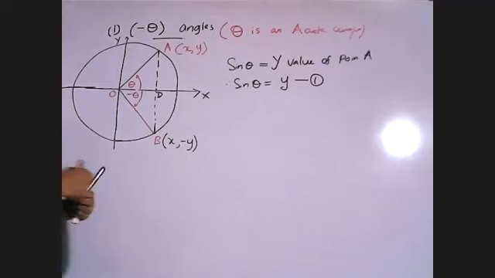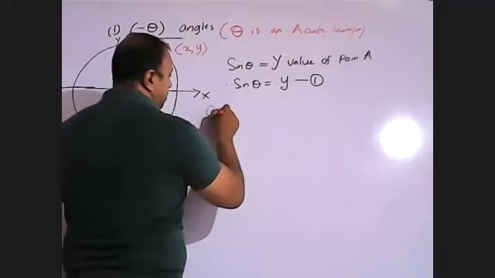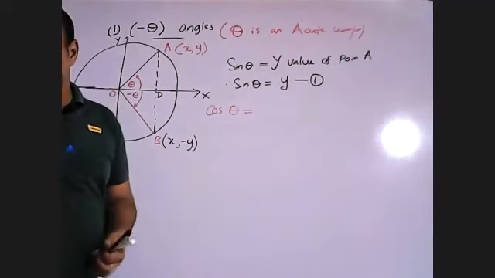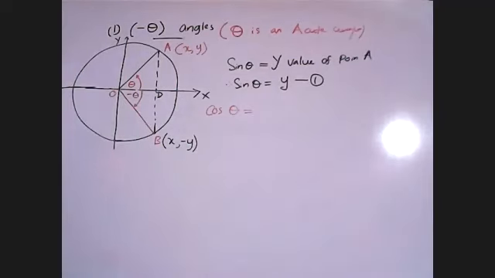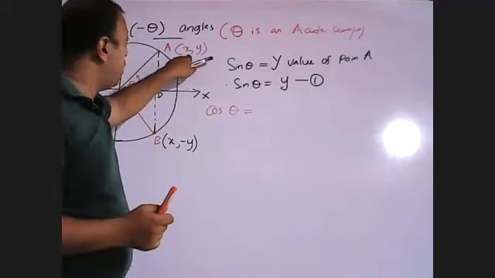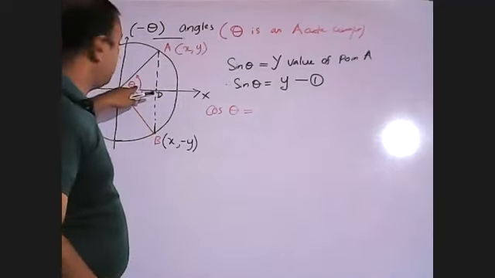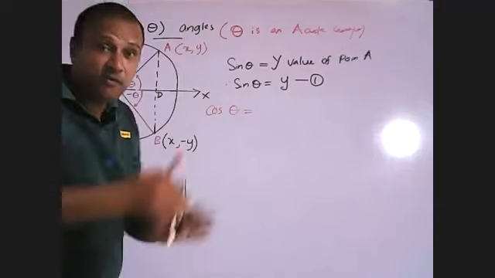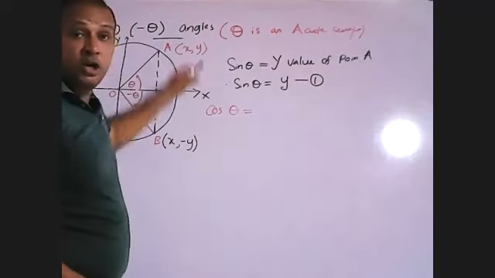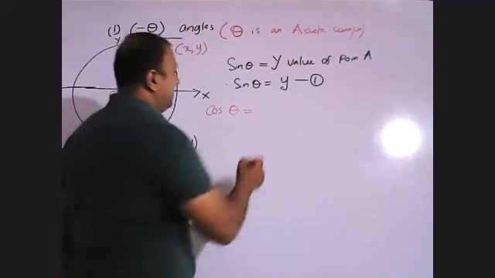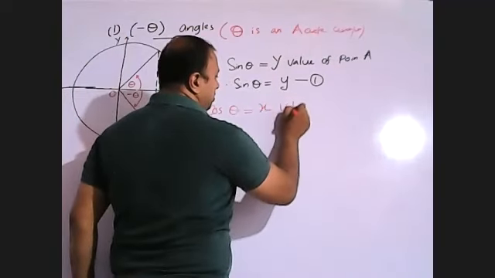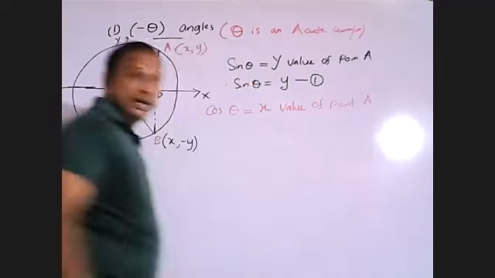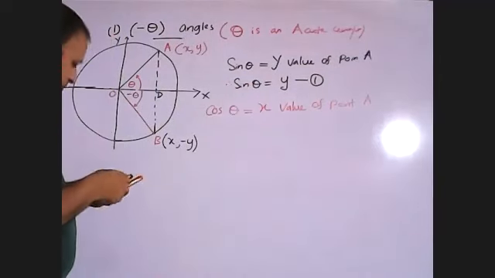Likewise, what is the cos value? Cos theta, what is the definition? It is equal to the x value of the particular point. The particular point for theta is A. Therefore, cos theta is equal to the x value of point A. What is the x value of point A?